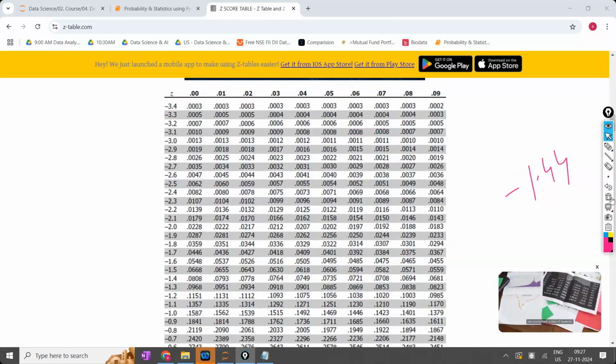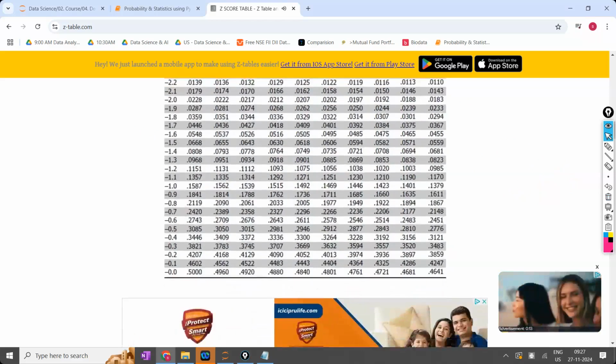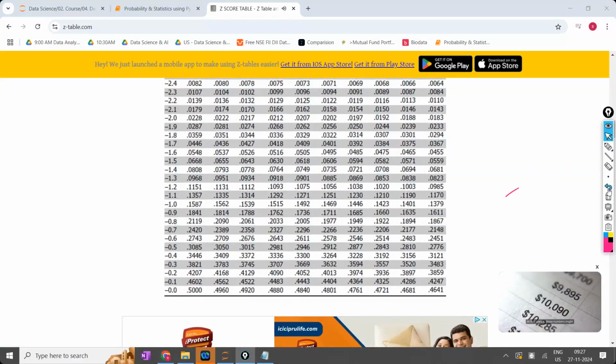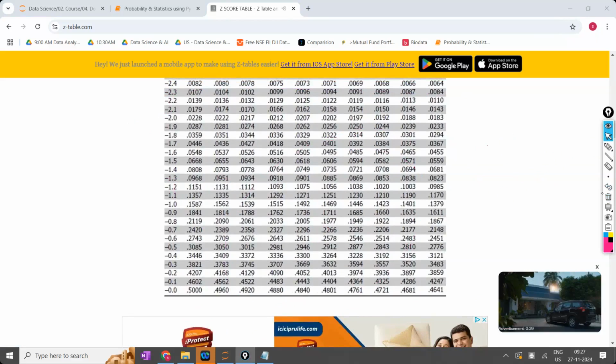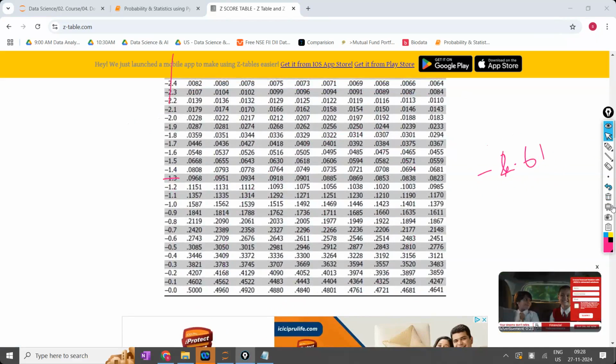Now similarly, earlier we calculated for x less than 60, that is z of 0.00. How to calculate for 0.00? 0.0 is up to here, and again 0.0 gives 0.5.